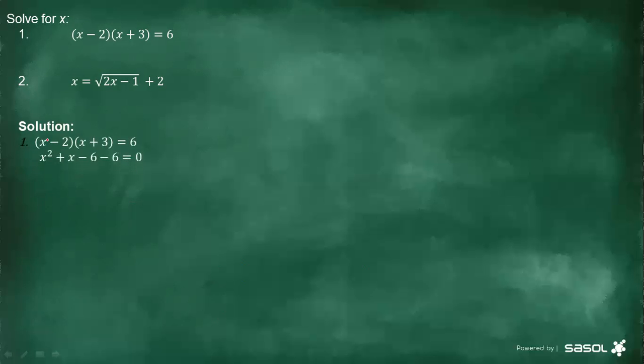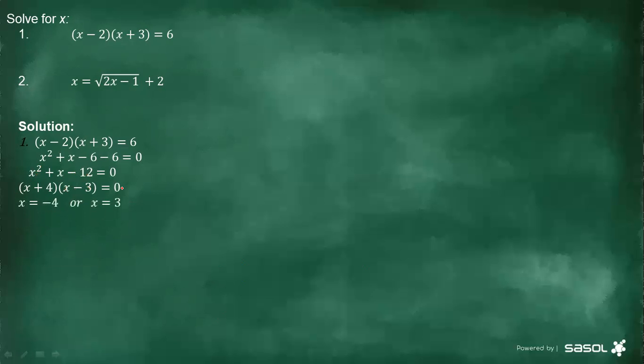After opening the bracket, this is what you are going to have. And this positive 6, if you take it to the left hand side, is going to give us negative 6. Then you just add, and it gives us positive x squared plus x minus 12 equals 0. Then from there you factorize it. Then it's x plus 4, x minus 3 equals 0.